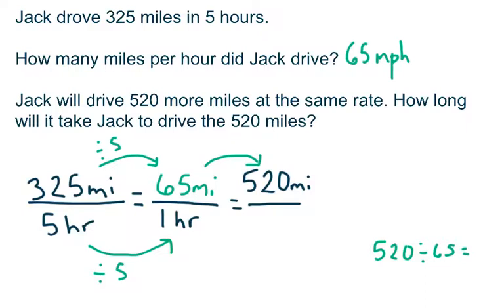And since I have a calculator, I figured out that it was 8. So I'm going to multiply my numerator by 8, and I'm going to do the same exact thing to my denominator. 1 hour times 8 is 8 hours. So how long? 8 hours. And what you see here at the bottom is 3 equivalent rates.